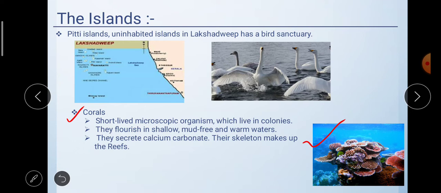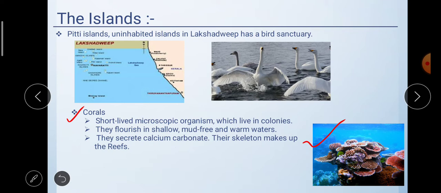They secrete calcium carbonate. Now what is this calcium carbonate? It is a hard substance, like stone. So corals secrete calcium carbonate, and their skeletons make up the reefs.